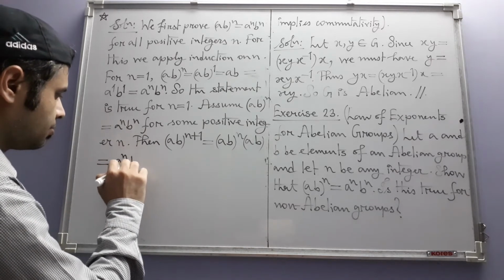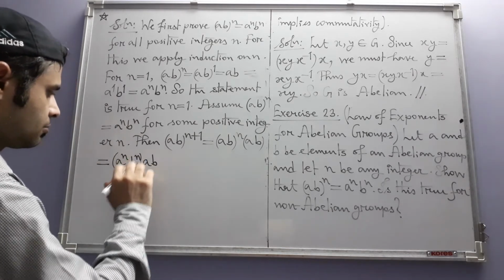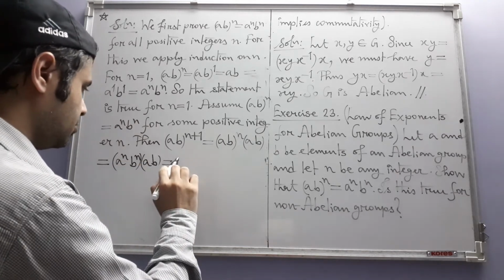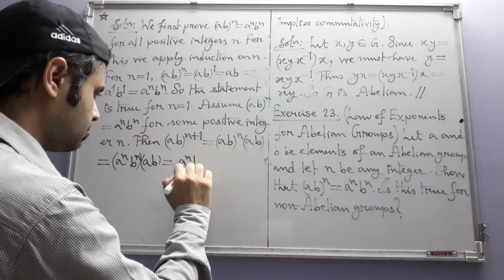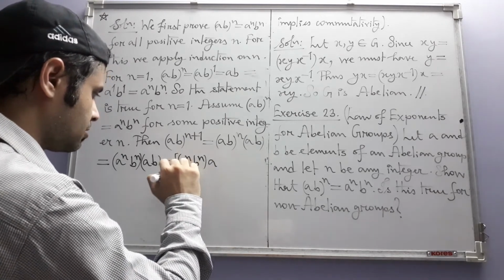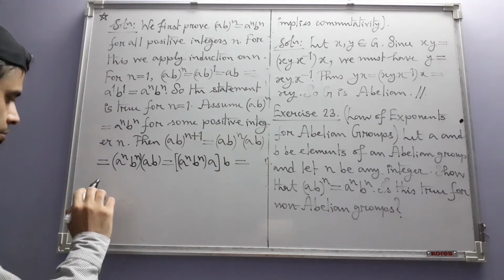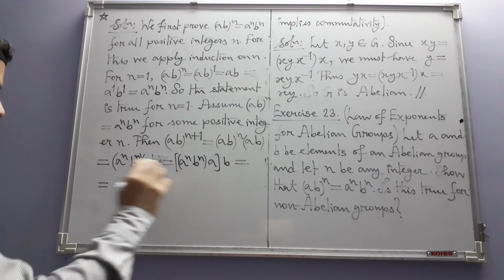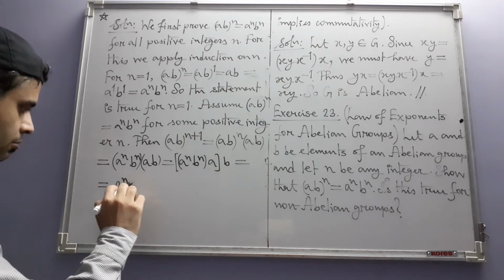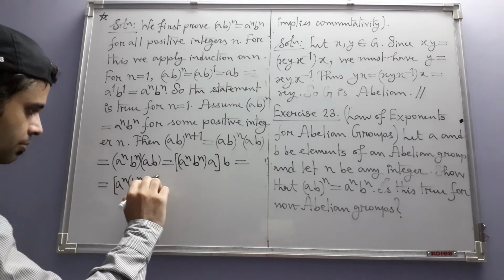So this is a to the power n, b to the power n, a, b. Now use associativity to bring this a with the first two terms. And then again use associativity to write the product like this.